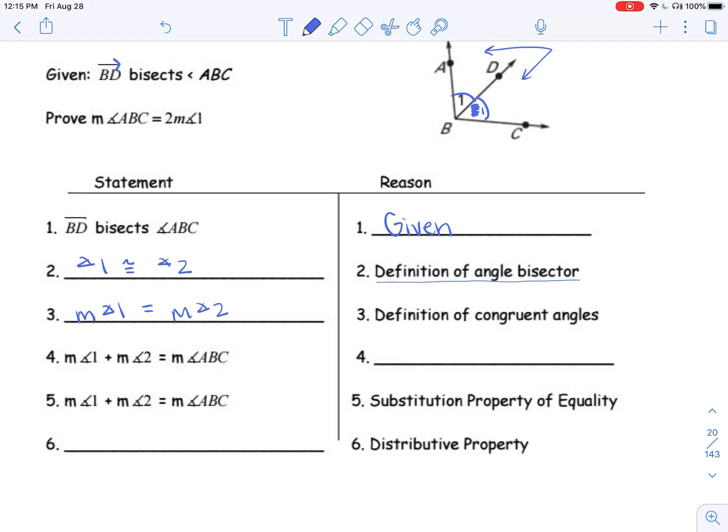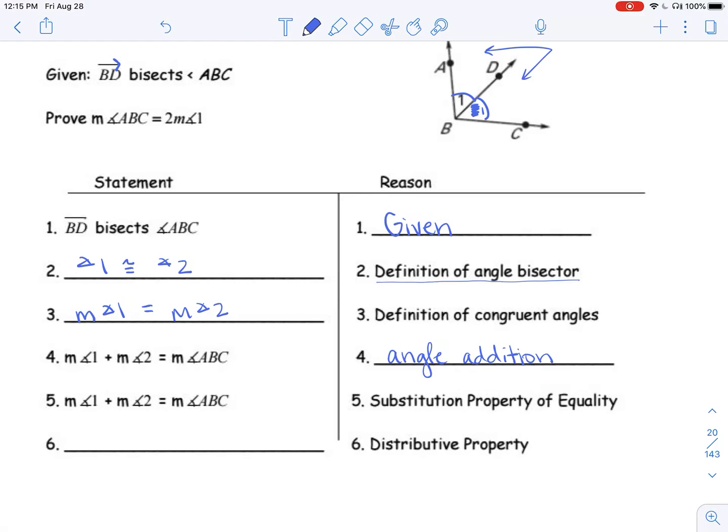If I am taking 2 smaller angles and adding them to be the total angle, we're doing exactly what we see over here. This is angle addition. This is angle addition, not regular addition, because remember that regular addition property of equality is whenever we add the same thing to both sides.